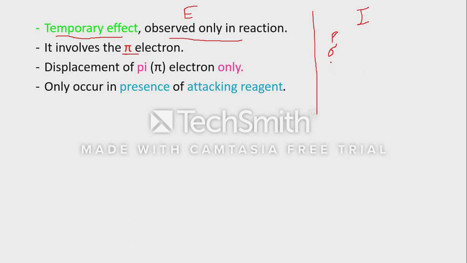In the electromeric effect it happens in the presence of an attacking reagent, but the inductive effect happens due to a difference in electronegativity, meaning that of two adjacent atoms one is more electronegative than the other.